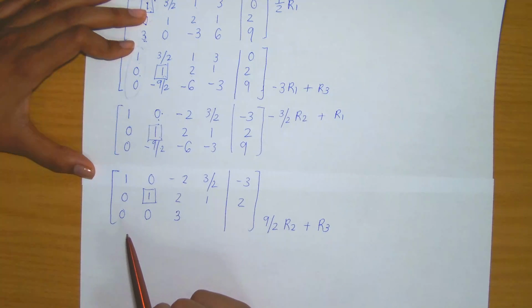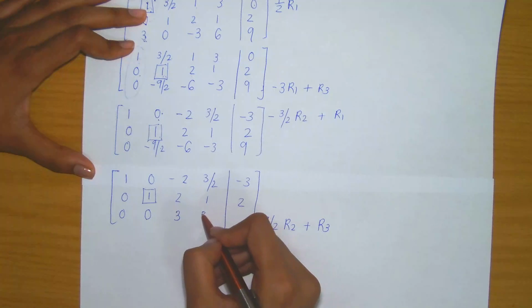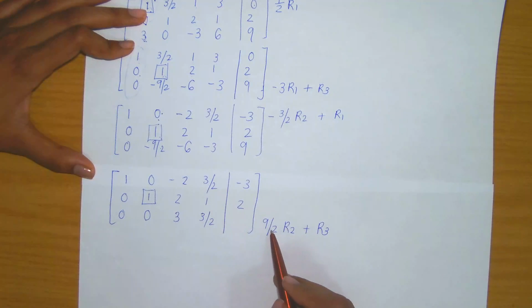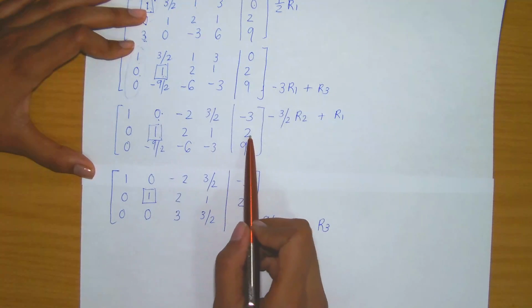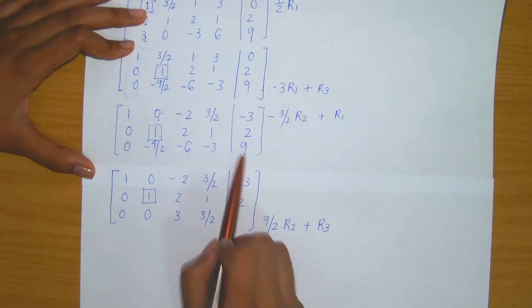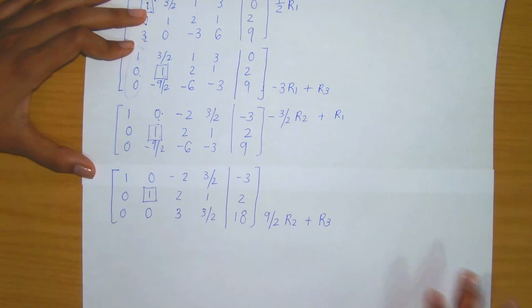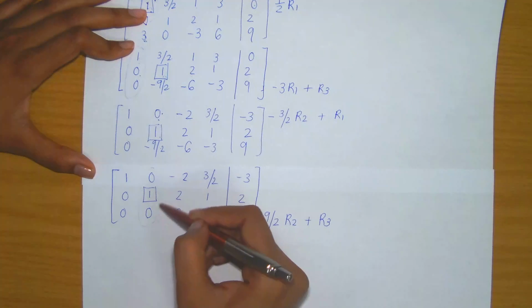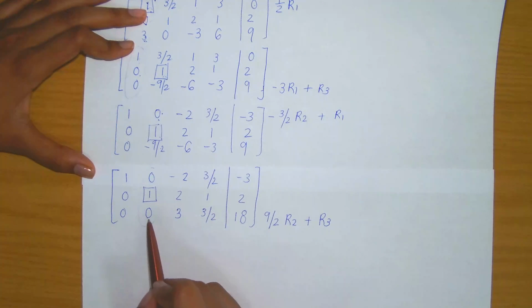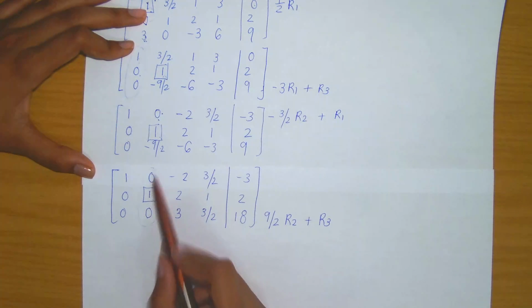So what value do we get there? We then get 3 over 2. Right, repeat the procedure. 9 over 2 times 2, which is 9, and add it to 9, and we get a value of 18. Right, so this is what we now have, and notice that we have indeed converted column 2 into a unit column. It has an entry of 1 and zeros elsewhere.